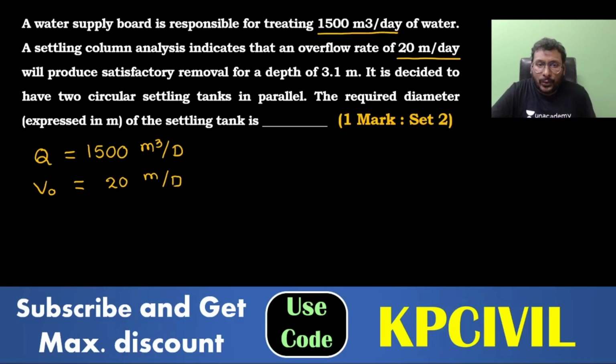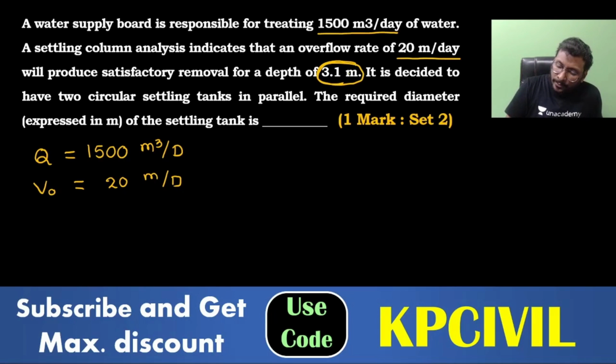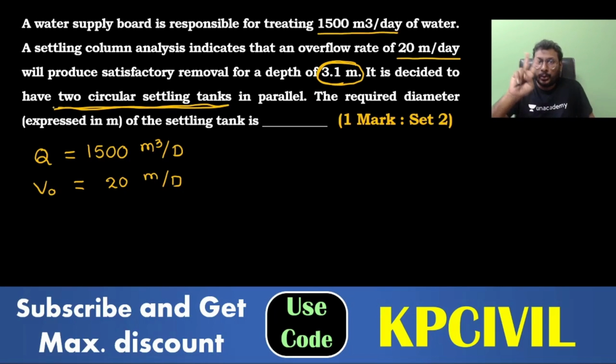That overflow rate of 20 meter per day will produce satisfactory removal at a depth of 3.1. It is decided to have two circular settling tanks in parallel. Required diameter of settling tank is?